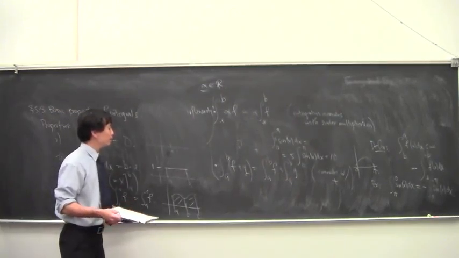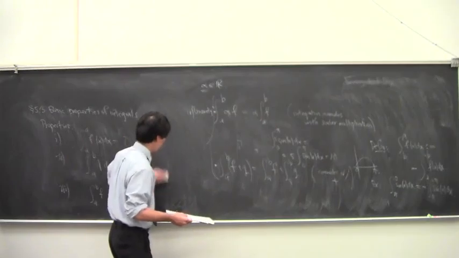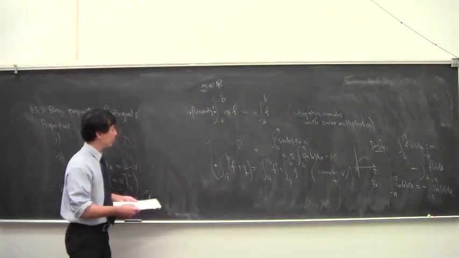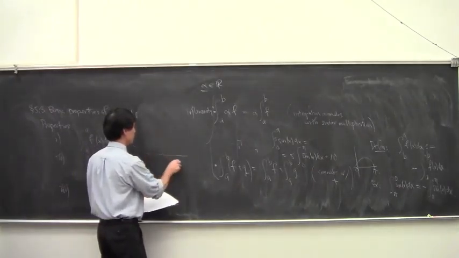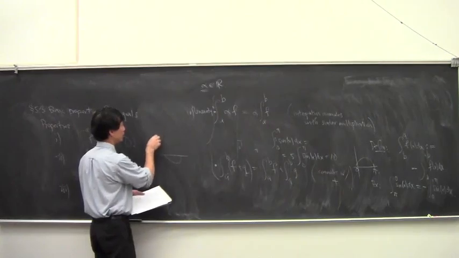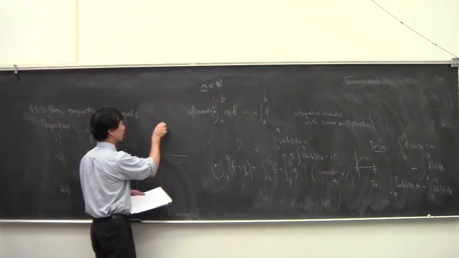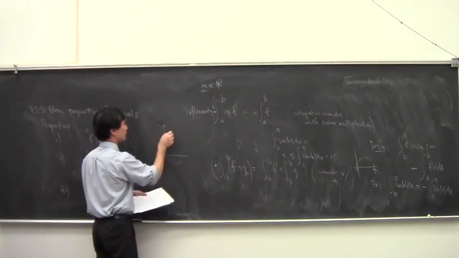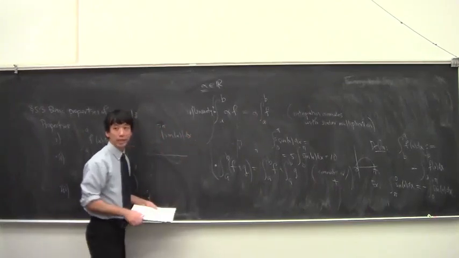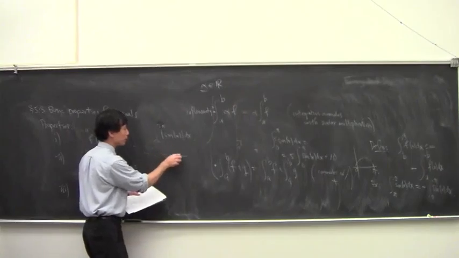So, let me say it this way. Suppose you want the positive area. In that case, all you need to do is integrate the absolute value. You just integrate the absolute value function.